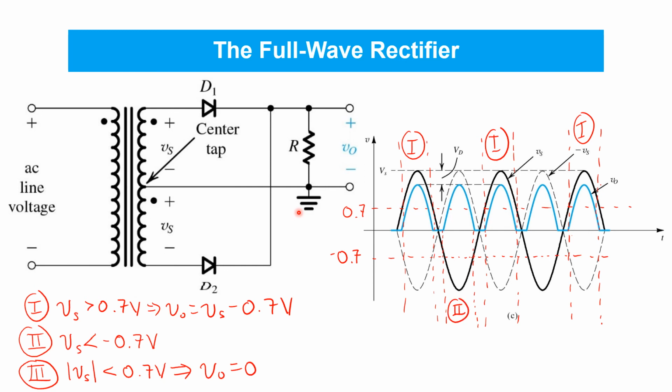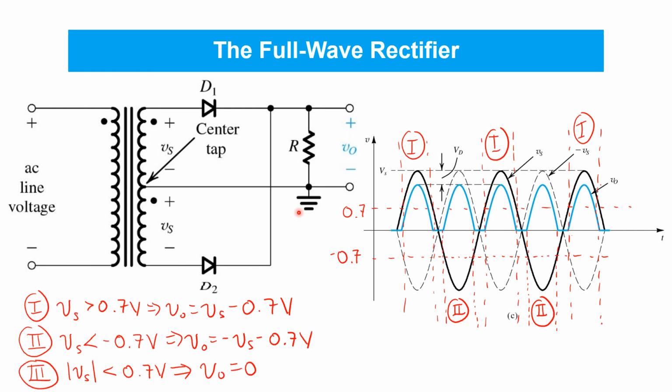And then again over here, whenever we've got the black plot of Vs below this line, we're in mode 2, and whenever we're in mode 2, VO is negative Vs minus 0.7 volts.